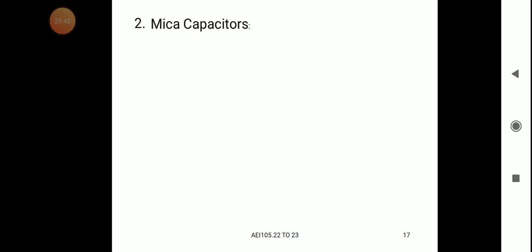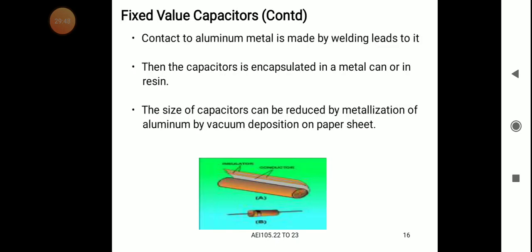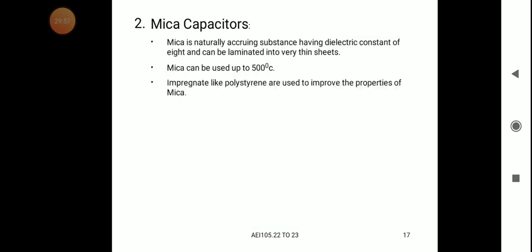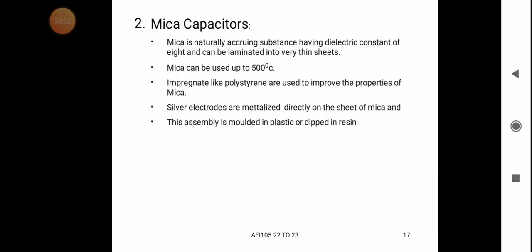So this is the paper capacitor that we discussed. Now, the next capacitor we discuss is the mica capacitor. Mica is a naturally occurring substance having a dielectric constant of 8 and can be laminated into very thin sheets.